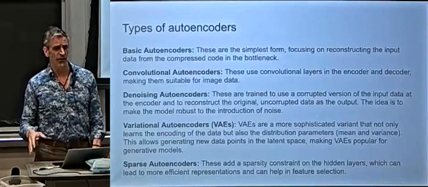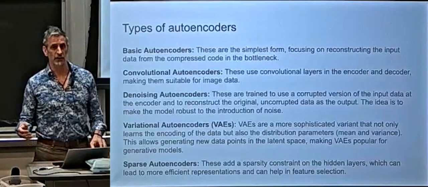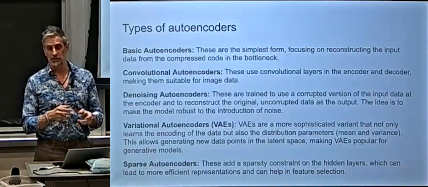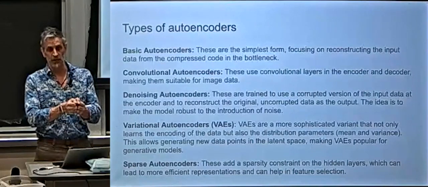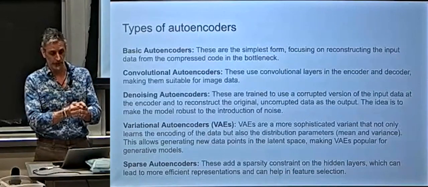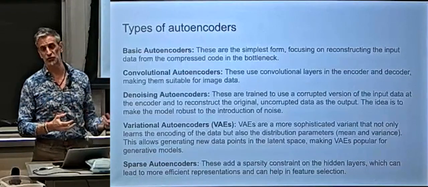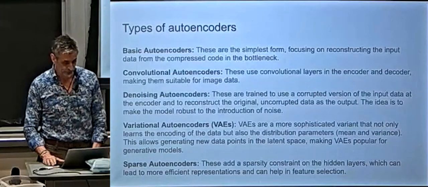The only thing the autoencoder cares about is compressing all of that information into a very small latent space and then reproducing it with high fidelity. So there's no guarantee on the structure of that latent space.